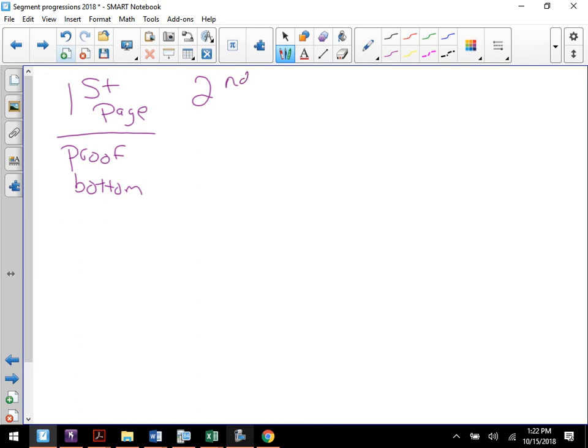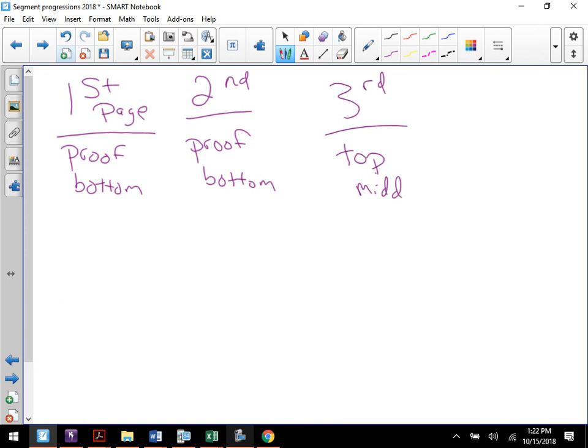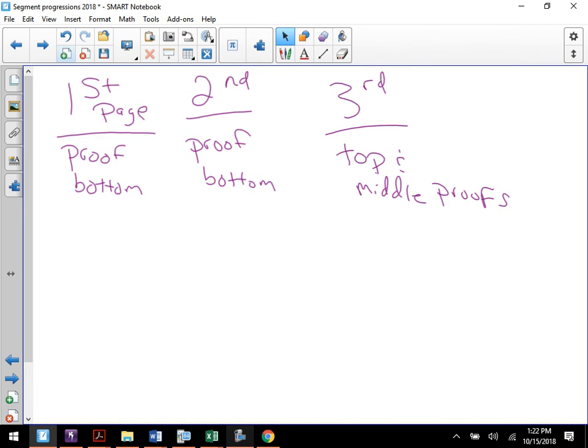Second page, the proof at the bottom. And then on the third, the top and middle. There are 4 of them. Of those 4, 3 of them are fill in the blank. What about the fourth?